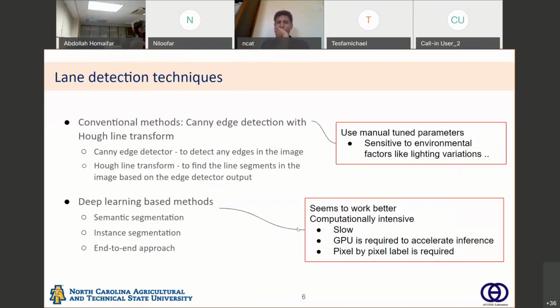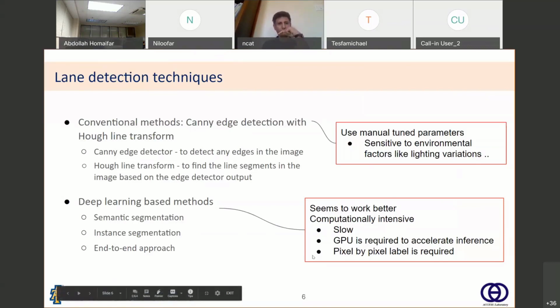Whereas with deep learning methods, so far the results obtained from semantic segmentation or instance segmentation seem to work really well. The only issue is that they're computationally intensive and very slow. Usually they don't fulfill real-time requirements for autonomous driving. Of course, without a GPU, it's unthinkable to use these semantic or instance segmentation methods for lane detection.